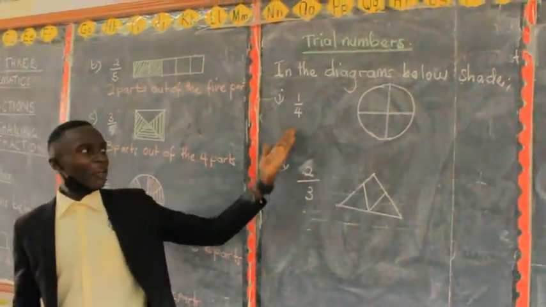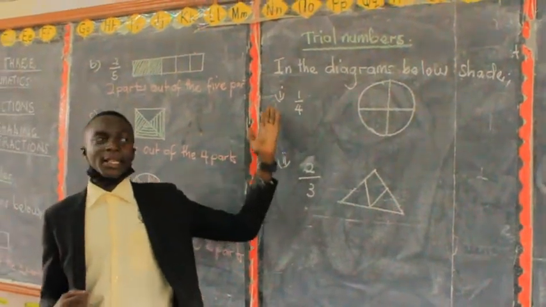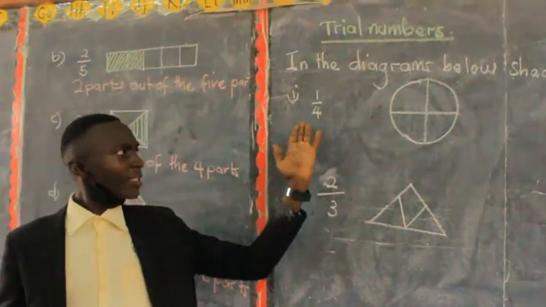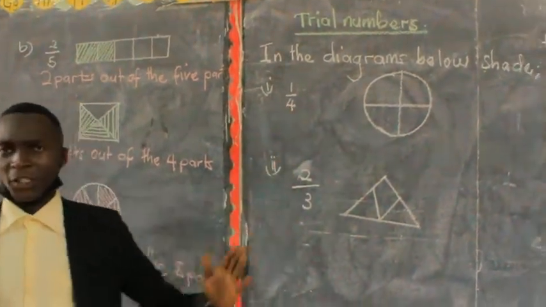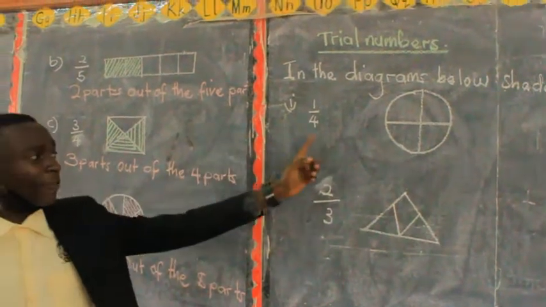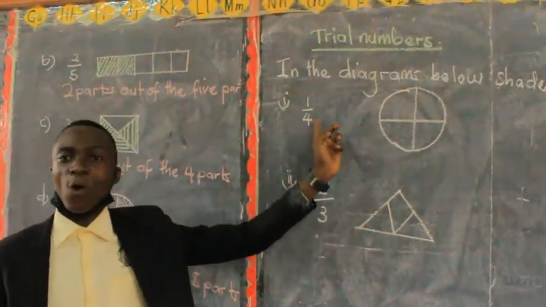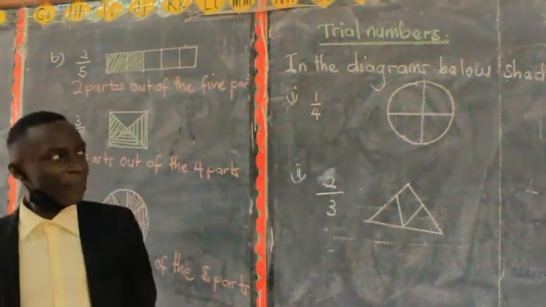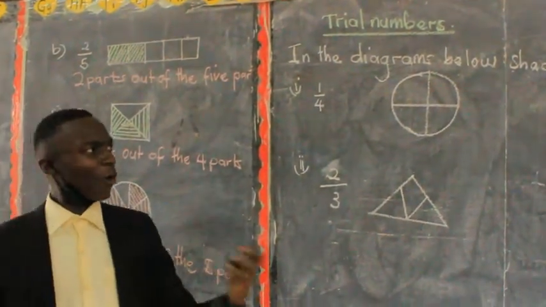If you can remember very well, last time we looked at naming fractions. How did we name this fraction? Do you remember? So we named this fraction as a quarter. So how are we going to shade a quarter?